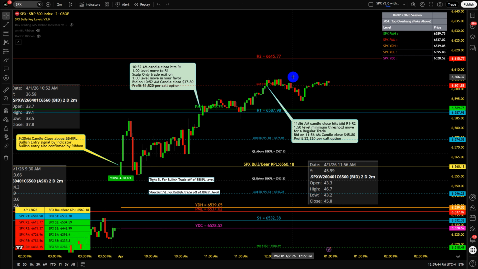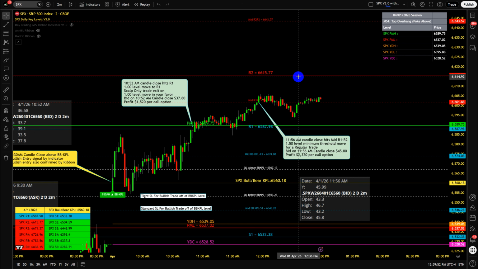Then you are looking to manage your remaining runners level to level as price continues to move, if it continues to move, to other key levels past the 1.5 level threshold in your favor.